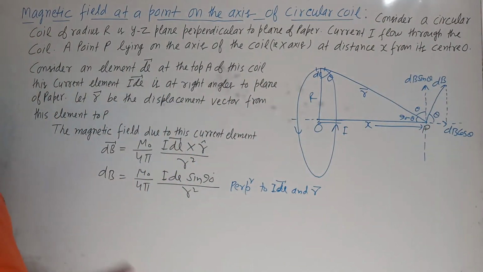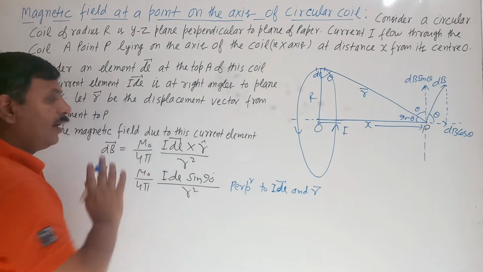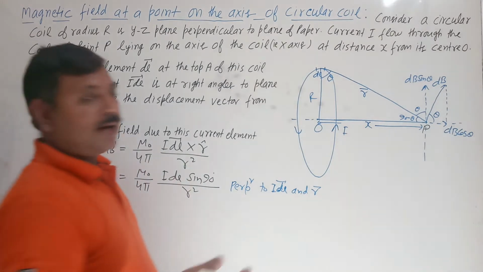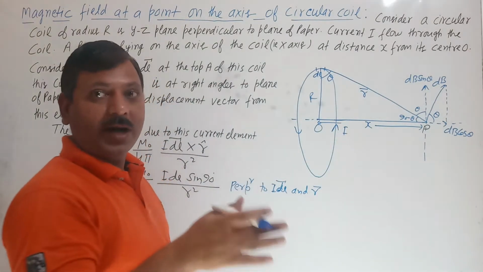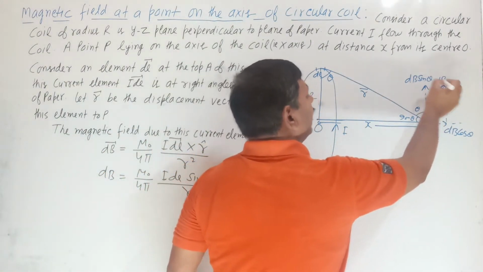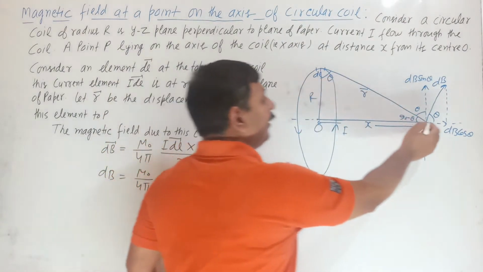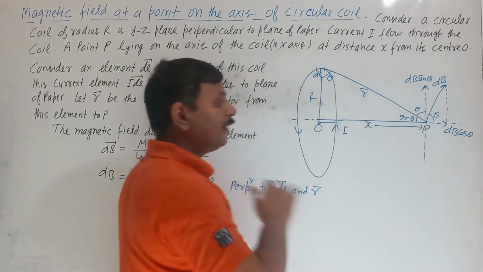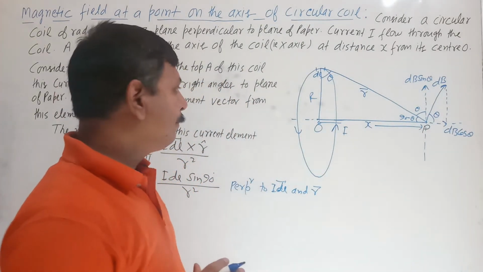The magnetic field by the Biot-Savart law, dB is equal to mu naught upon 4 pi I dl sin 90 upon r square, directed perpendicular to r and perpendicular to the current element, as we have shown here. This will be the direction of dB. If this angle is theta, it makes angle theta with the axis of the coil.